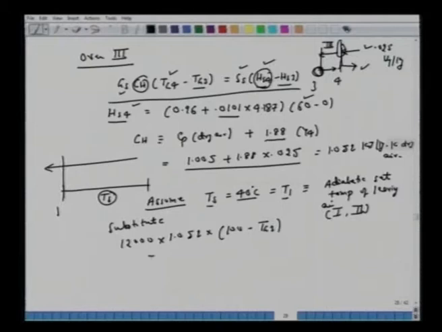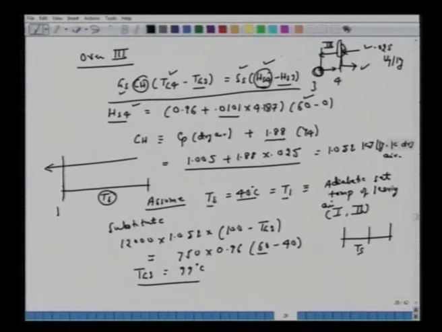SS, the solid flow rate, we know is 750, into HS4 minus HS3, which is nothing but the solid specific heat, 0.96, into 60 minus 40. So 60 is the leaving temperature of the solid, and we have assumed 40 degrees centigrade, and the solid remains at this temperature throughout. From the region right here, this temperature is constant at Ts, so minus 40. From this one can get Tg3. If you calculate, Tg3 is 99 degrees centigrade.